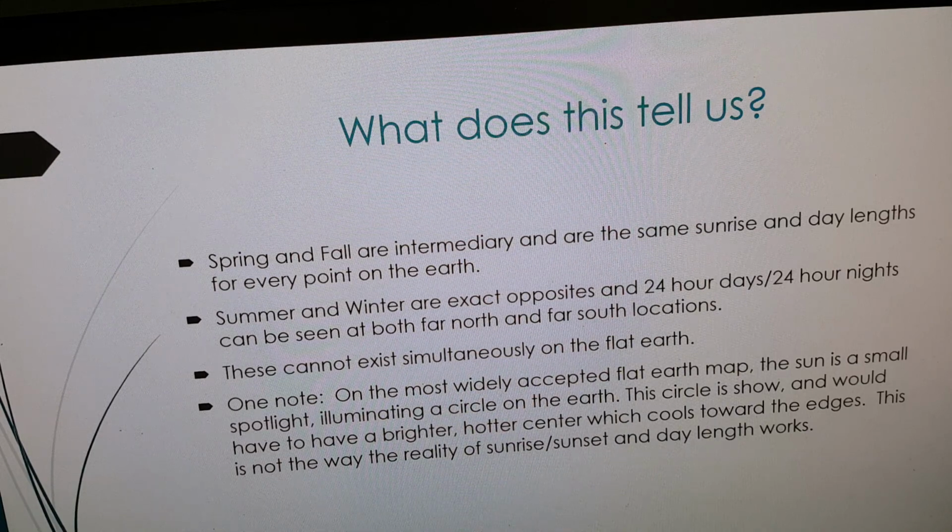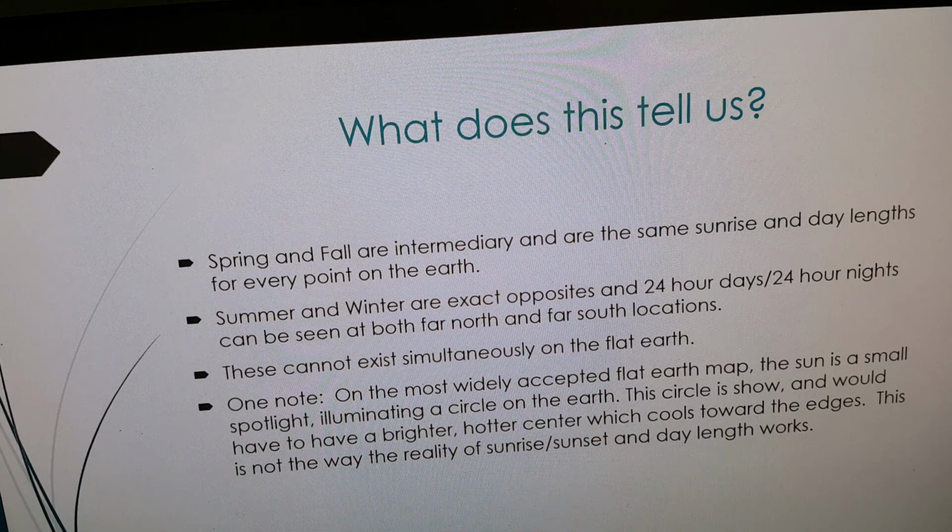You just can't have these on the flat Earth. It just doesn't work with a close sun that's like a spotlight. So let me show you one note.